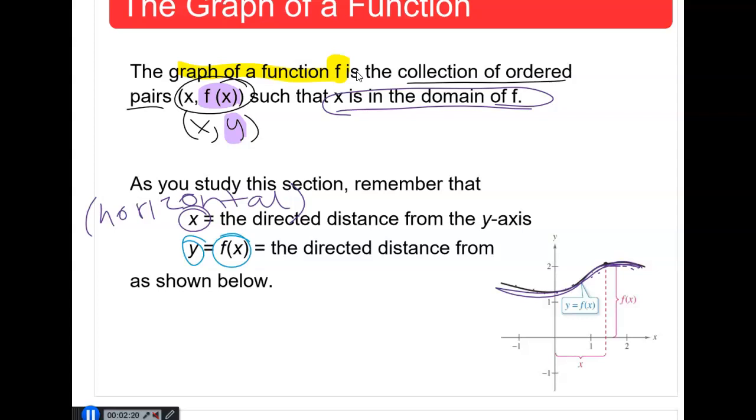But I like to refer to it as the vertical distance. But you could see that it will be the distance from here to here, for example. So each point will have the horizontal distance and the vertical distance. Now the collection of all those points forms the graph.